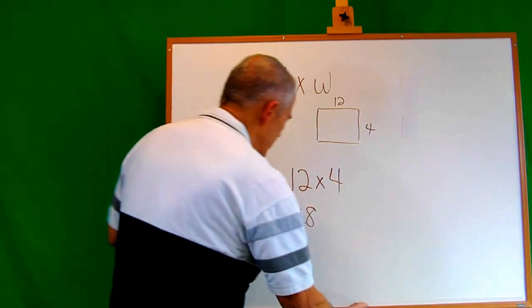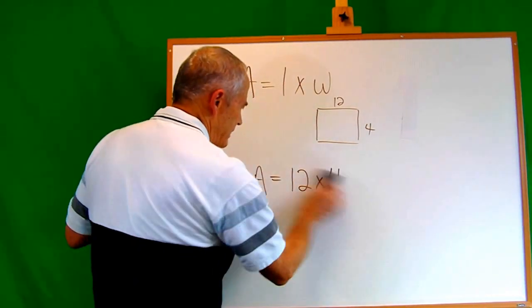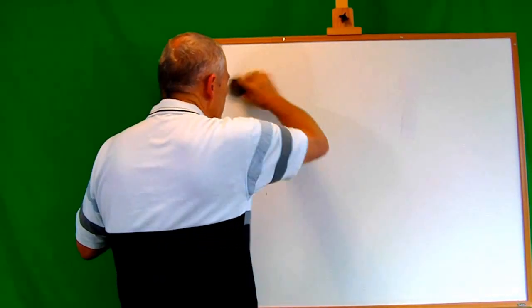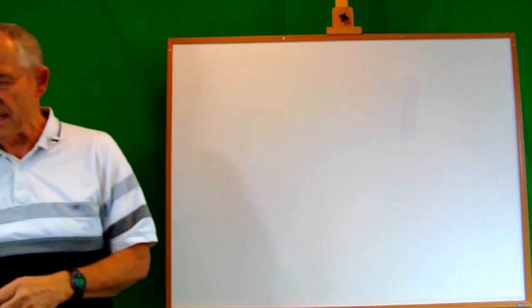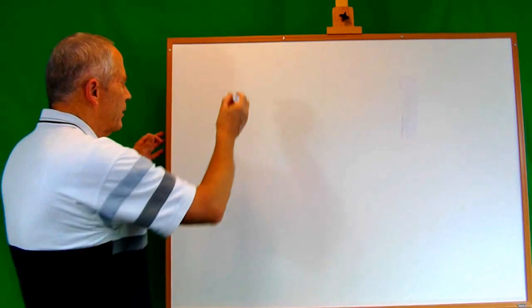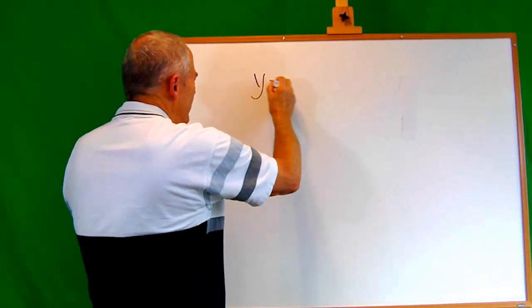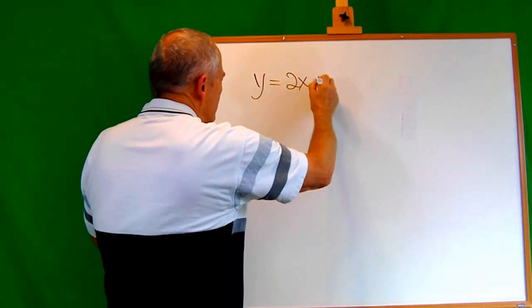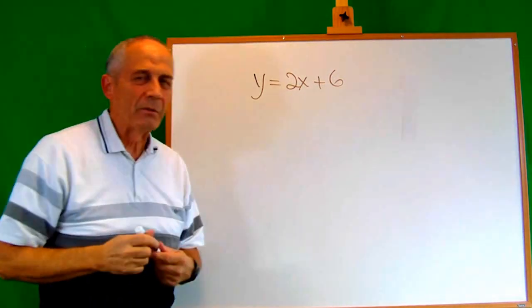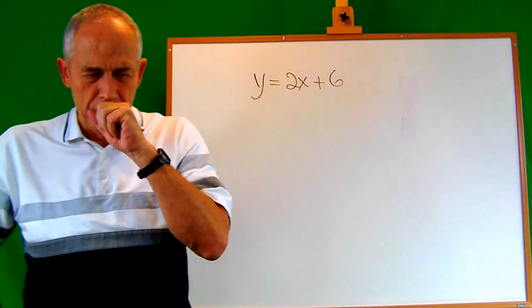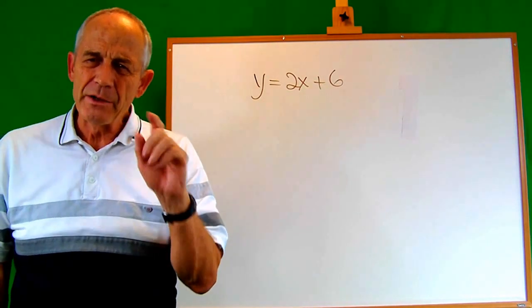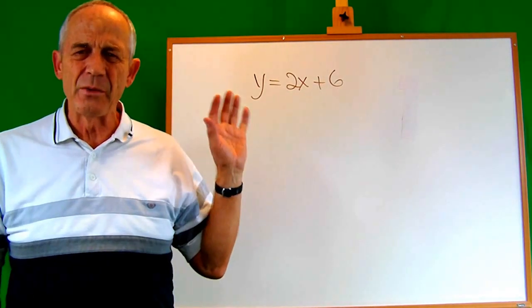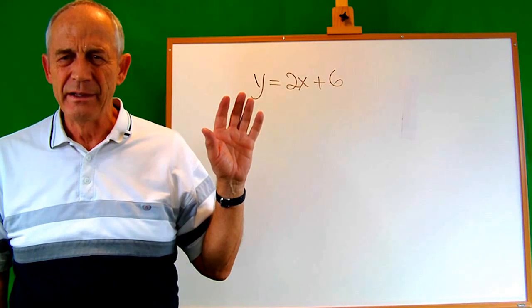Okay, so that's the basic idea, and now let's look at some examples of how we might run into using this. Let's say I have an equation, and this equation looks like this. Now, one of the things that's extremely helpful is to understand what these equations are saying.